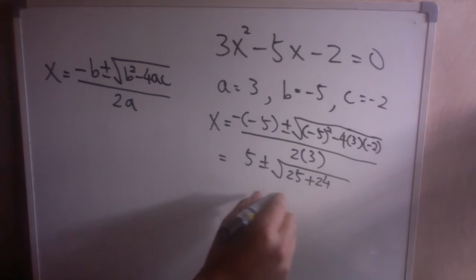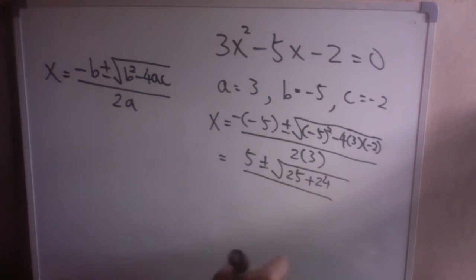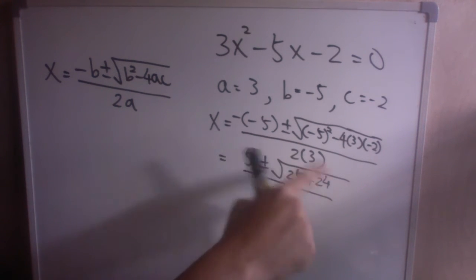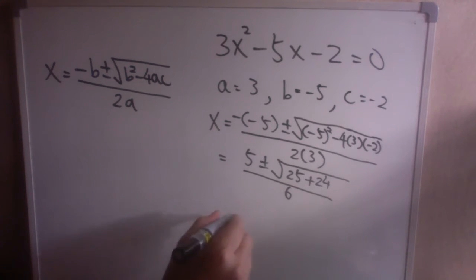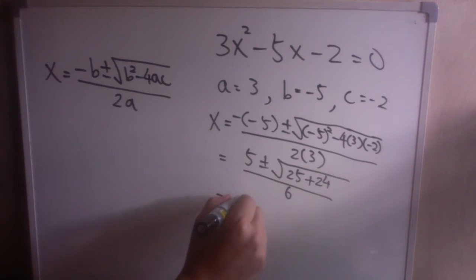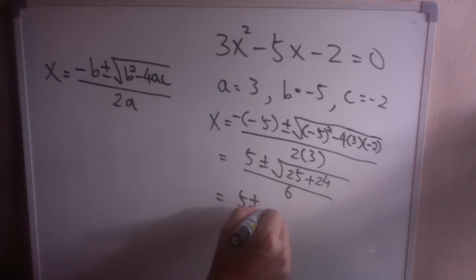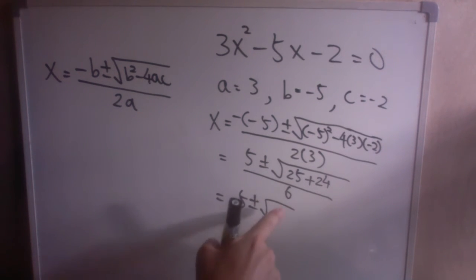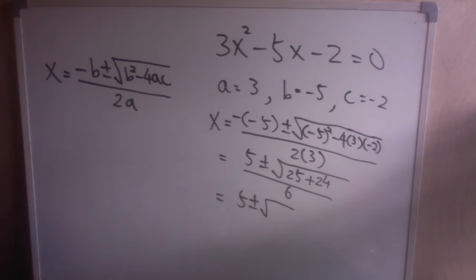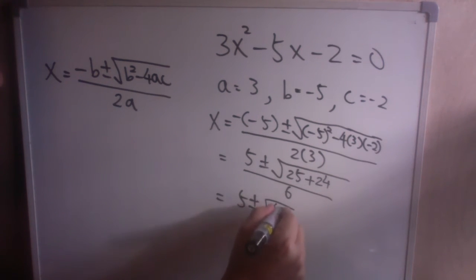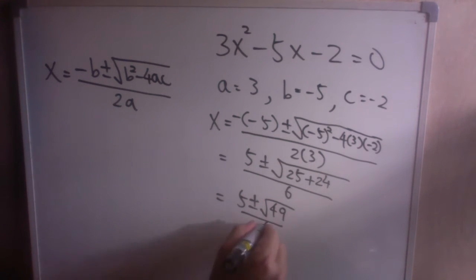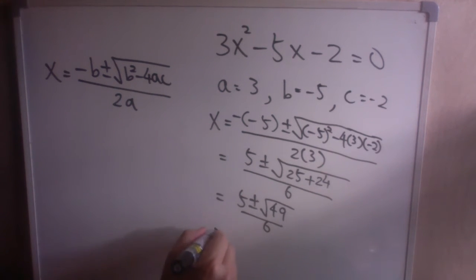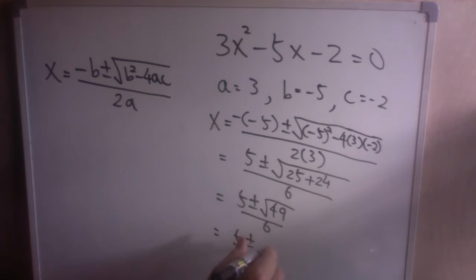So we have 24, over 2 times 3, that's 6. So that equals 5 plus and minus the square root of 25 plus 24, that is 49, over 6. So that's 5 plus and minus the square root of 49, that's 7, over 6.